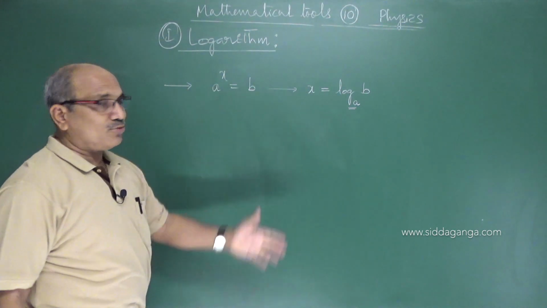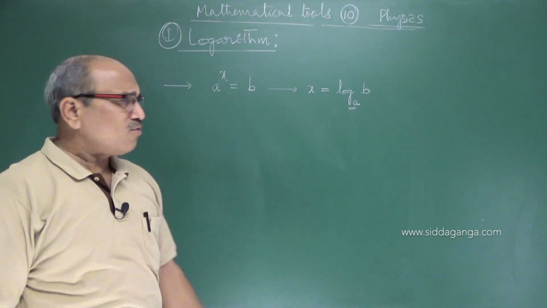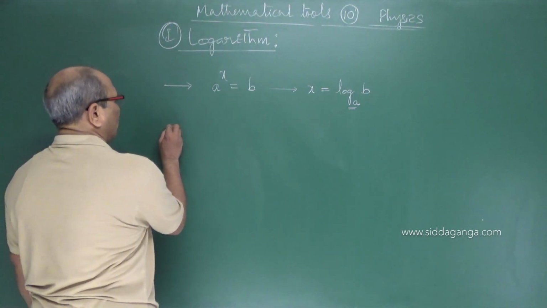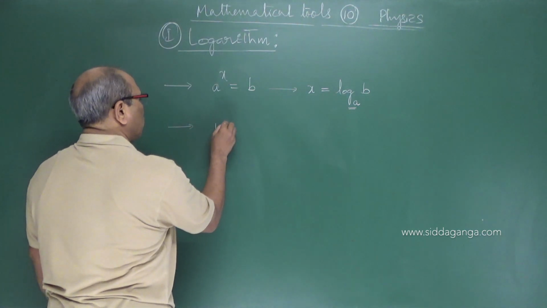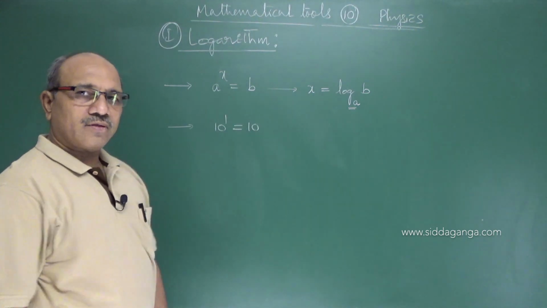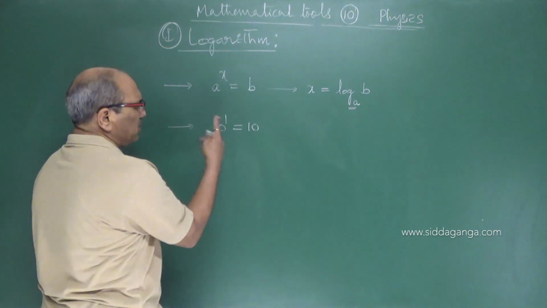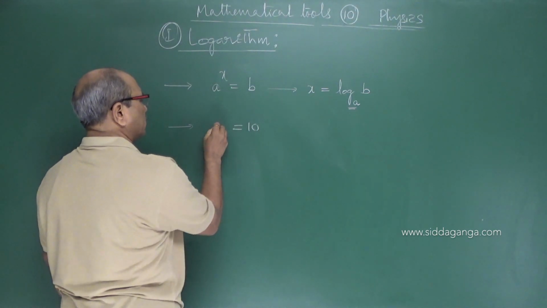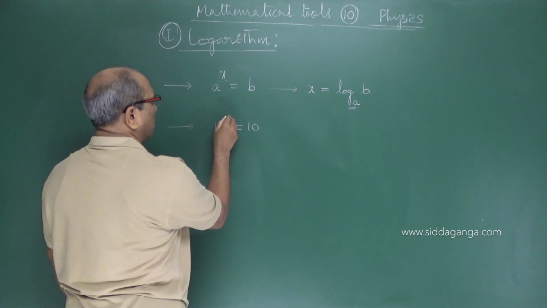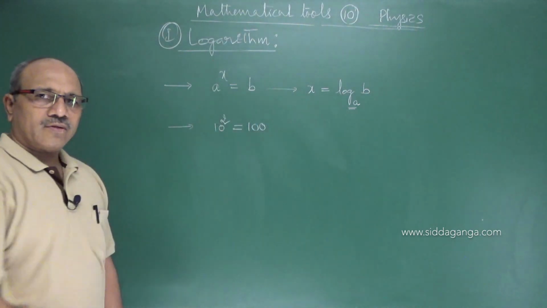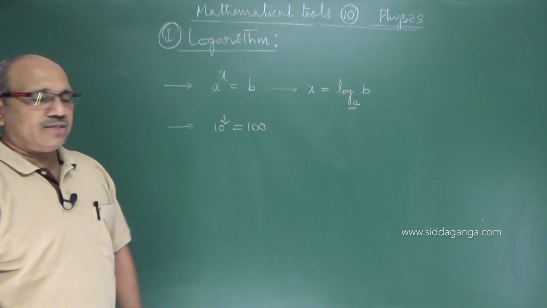If you have not understood this, I will tell you 100% what this log and logic is. Now I take 10 power 1, which is 10, am I right? Or it may create a little complexity and doubts, therefore I take 10 power 2 as 100. 10 power 2 is 100.